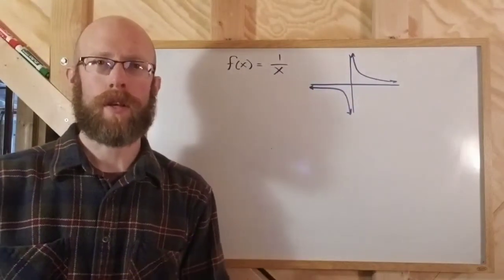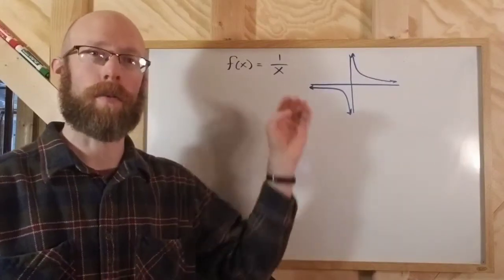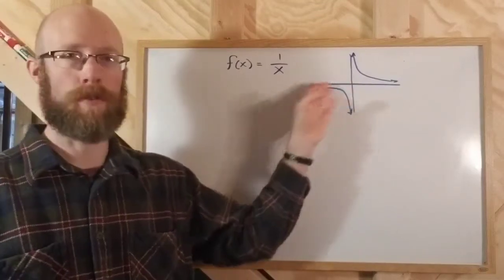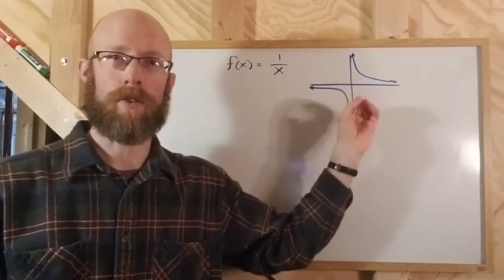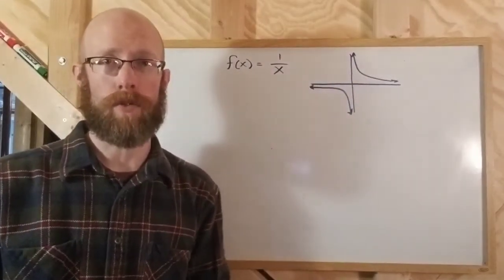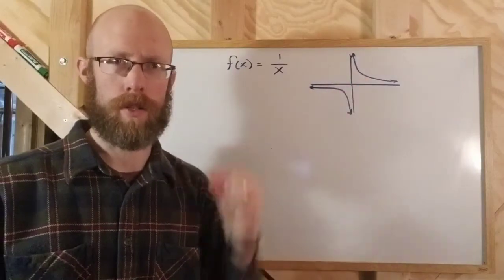And remember, when we discussed this in our library of functions, we talked about the idea of the horizontal asymptote as being the behavior of the graph as the x values get very, very large in the positive direction or very, very large in the negative direction. I wouldn't say small because small usually implies close to zero.